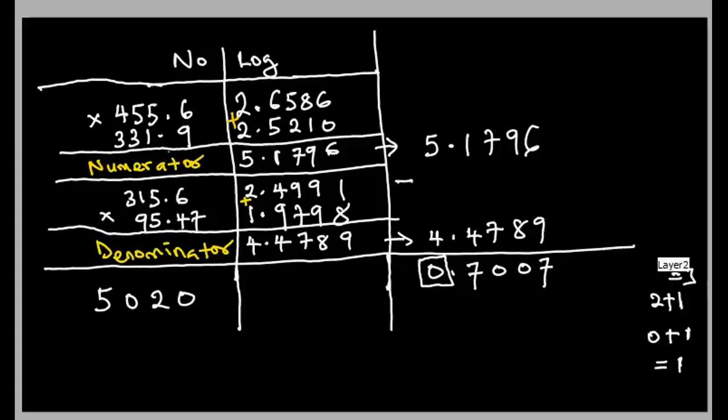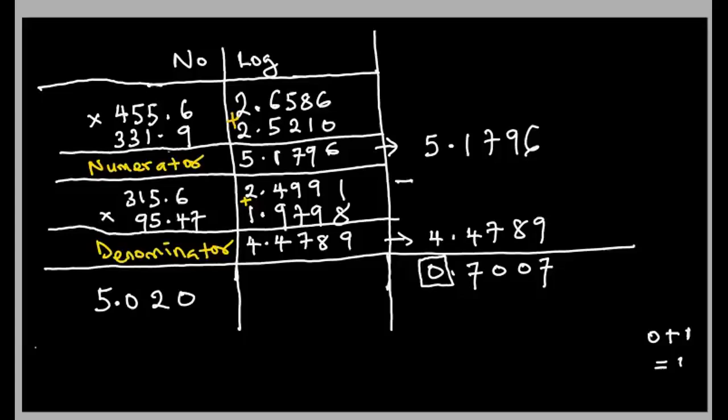But in this case we have 0, so 0 plus 1 is 1, and I move 1 decimal place forward, from the left towards the right. And then the final answer becomes 5.020.